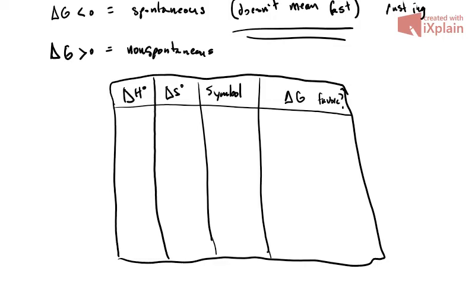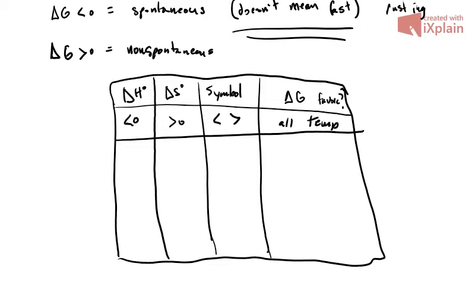So if you have a delta H that is less than 0 and a delta S that is greater than 0, that's what the symbols mean, then the delta G is favored at all temperatures.